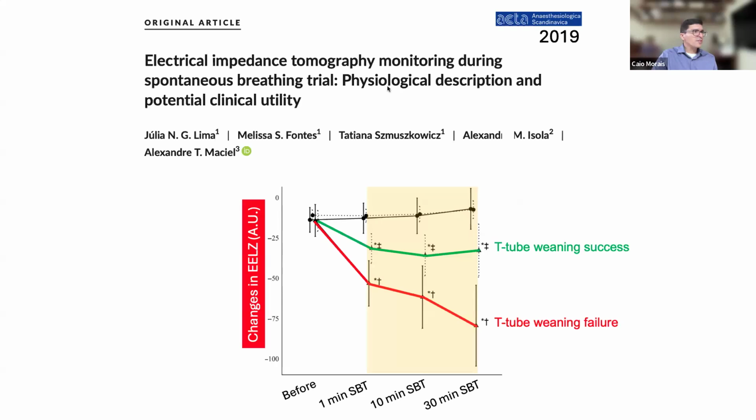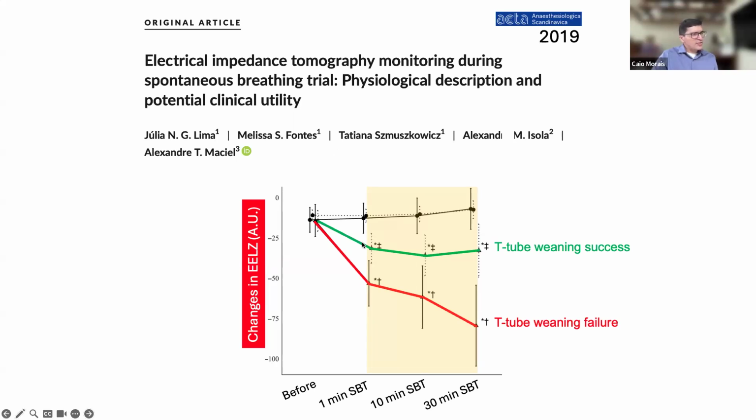And to finish this presentation, one interesting paper using the change in lung aeration, the change in end expiratory lung volume, to assess weaning. In this paper, the authors assessed patients with endotracheal tube, not patients with tracheostomy, during the weaning process, and they assessed patients under pressure support SBT and T-tube SBT.